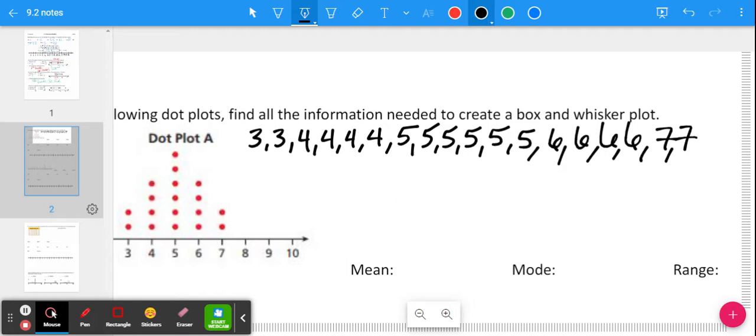So from here, I can do everything I did on the last one. We're going to find the middle, which is right there. So 5 plus 5 is 10, divided by 2 is 5. And then we have to find our Q1. So find the middle in the lower half of the data. So it's this 4.